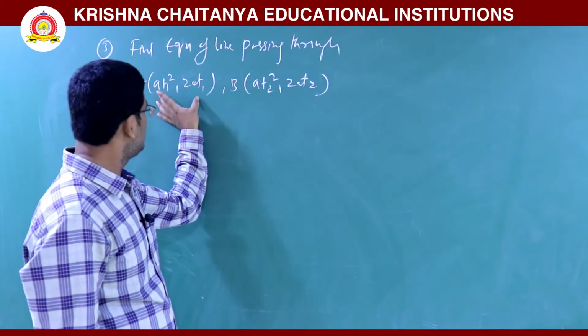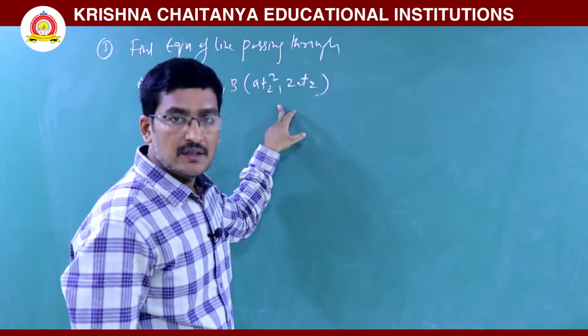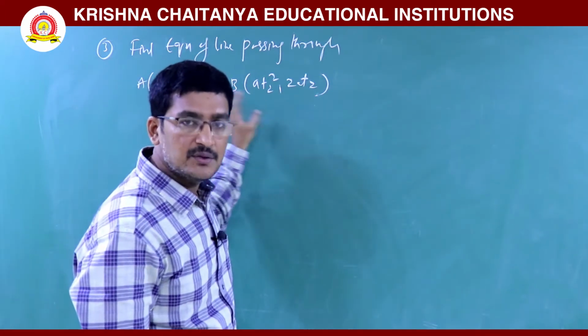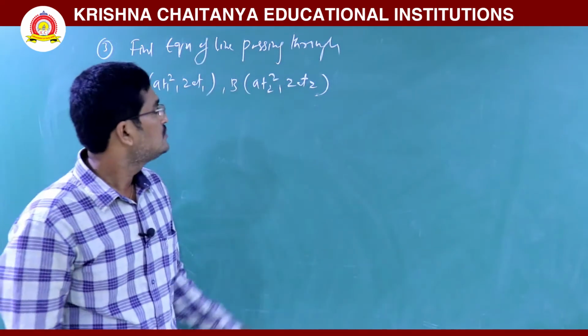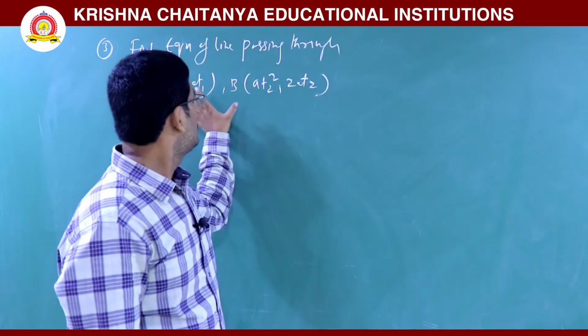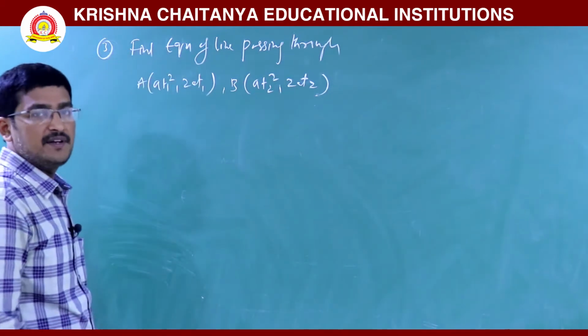This is a point (x1, y1), suppose I take, and this is a point (x2, y2). Now we have to find the equation of the line passing through (x1, y1) and (x2, y2) by using the two-points form, same as in the previous question.